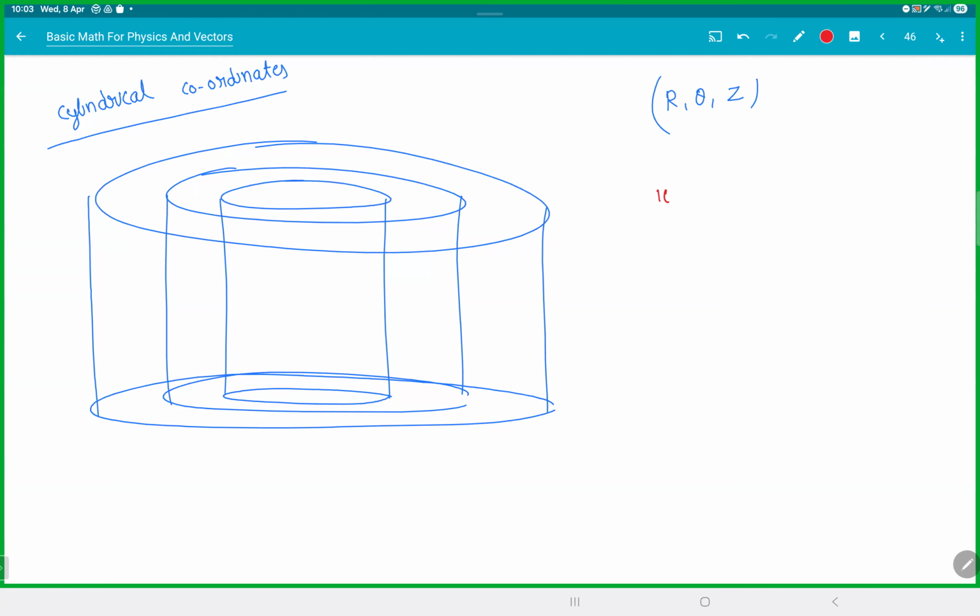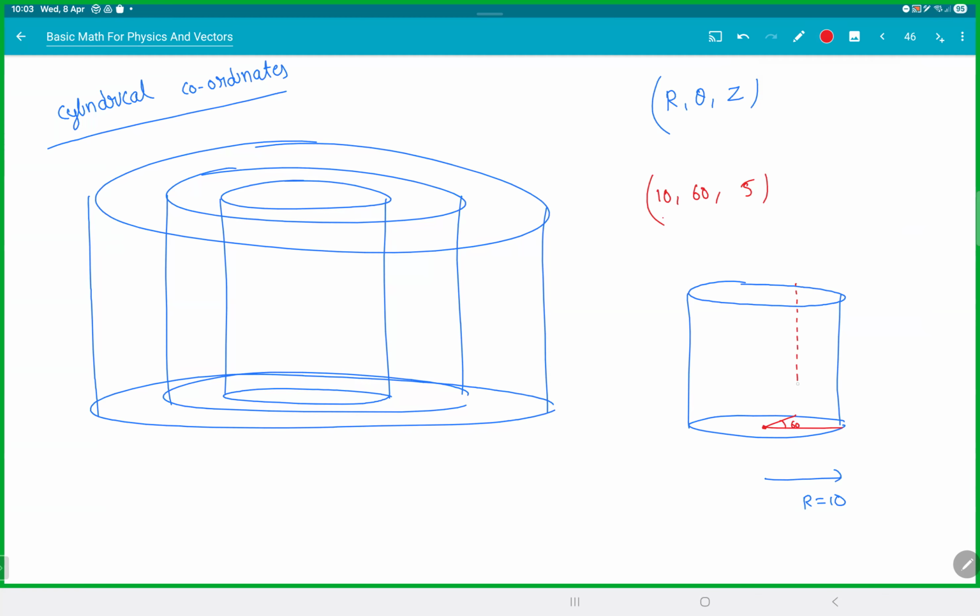So for example, someone gives you 10, 60, 5. What is the meaning of this? Draw a cylinder of radius 10. On the cylinder, rotate 60 degrees horizontally. When you do that, you'll get a line.